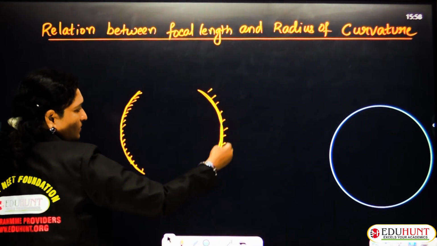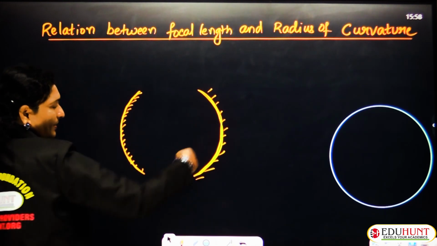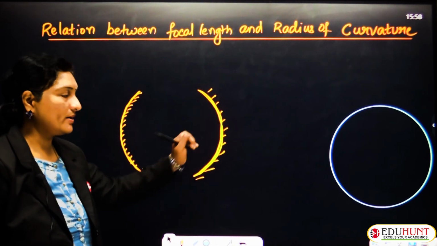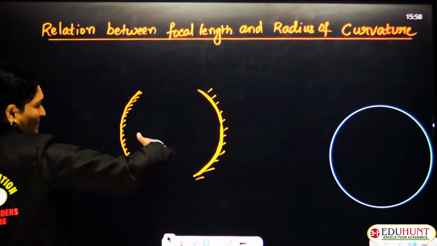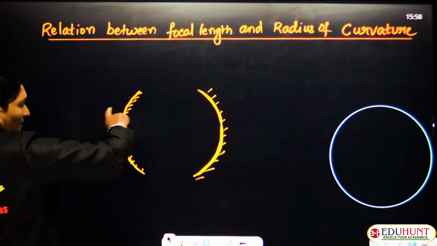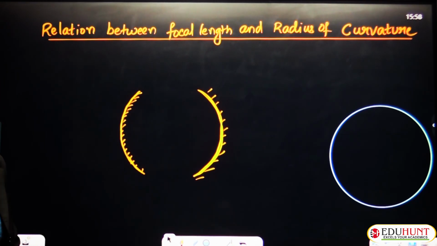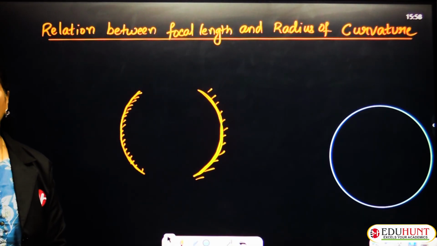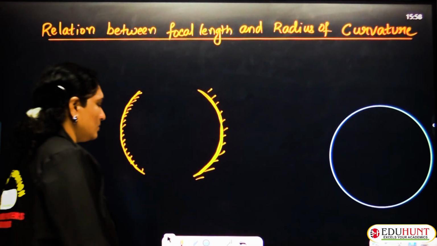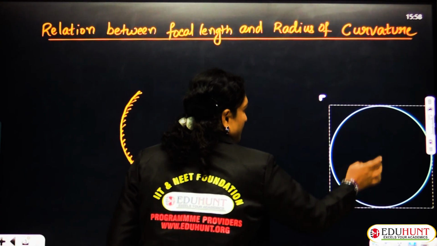If it is coated outside, the inner side will be the reflecting surface, and that will be your concave mirror. The same mirror, a portion of which is cut and coated inside, will have the outer surface as the reflecting surface, and this mirror will be our convex mirror. Let us consider both the cases and discuss in detail.